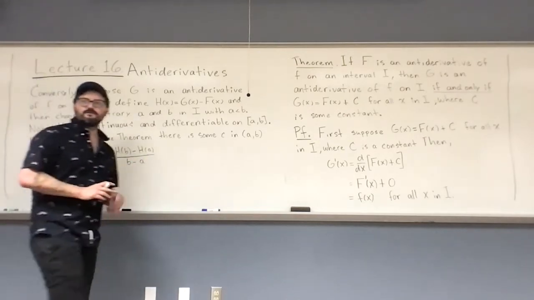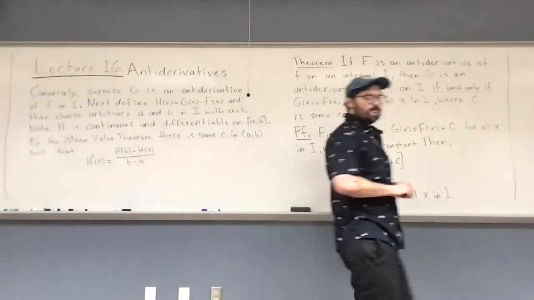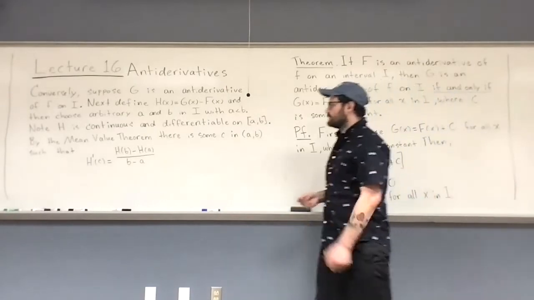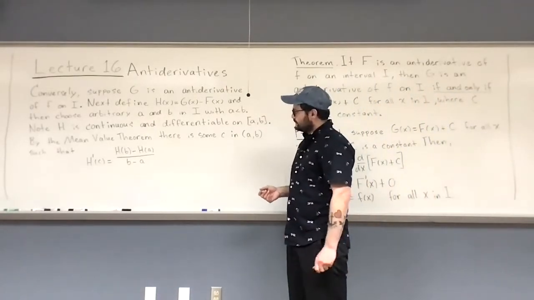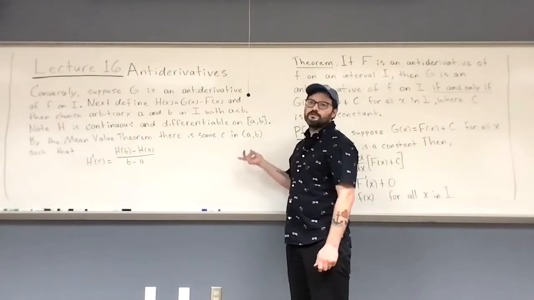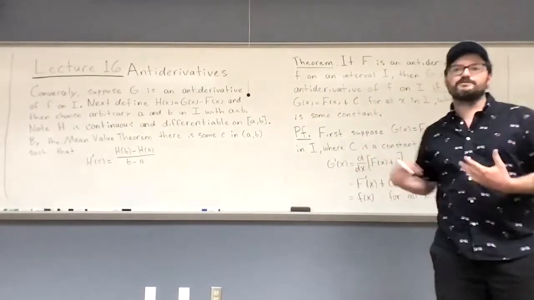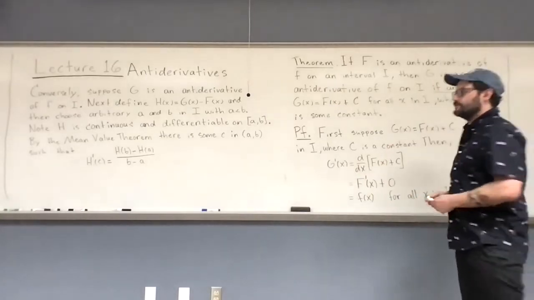That's what the mean value theorem says. There's some value c in that interval that equals the slope of the line connecting the endpoints over that interval. It's like that average rate of change on that interval.